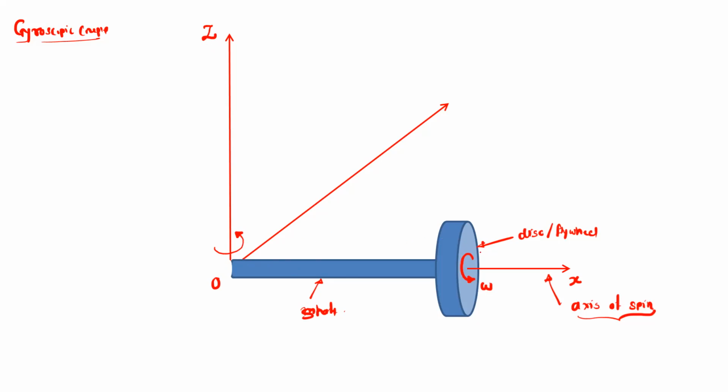Suppose after some time this complete assembly, shaft along with the disc, is rotated freely about the Z axis. This is the new position of the axis OX, which I will take as X dash.